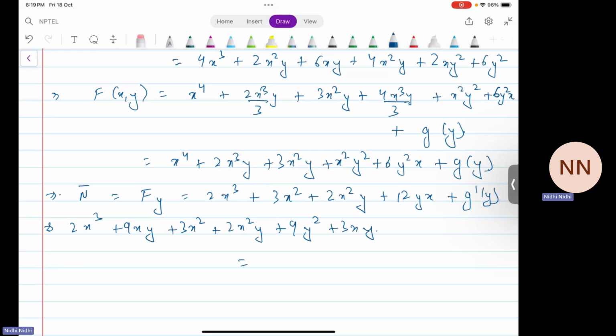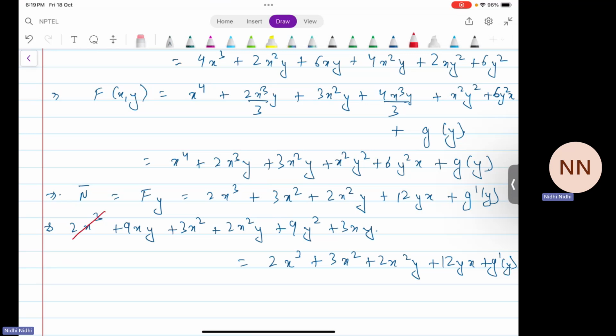From the above equation, this is equal to 2x cubed plus 3x square plus 2x square y plus 12yx plus g dash y.